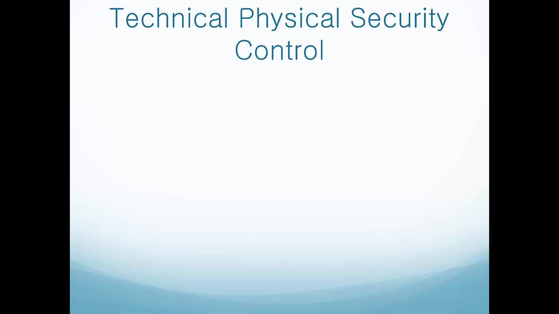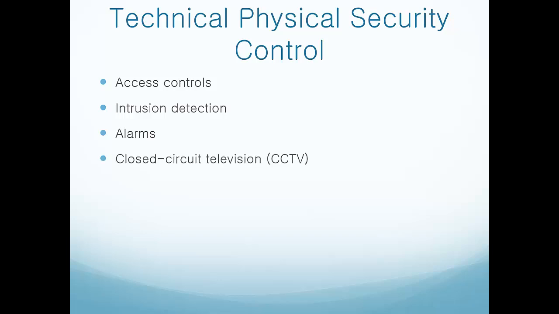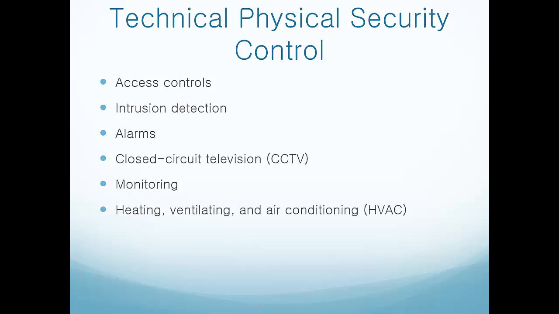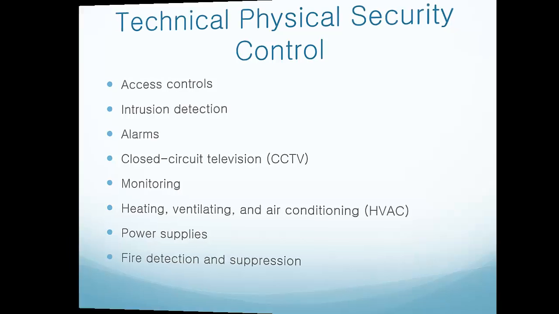The examples of technical physical security control include things such as access control, intrusion detection, alarms, closed-circuit television or CCTV monitoring, heating, ventilating, and air conditioning or HVAC, and power supplies, and finally, fire detection and suppression.